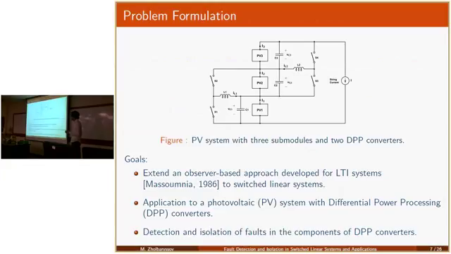In our work, we extend one of those approaches developed for LTI systems to switch linear systems, to which most power electronic systems belong. For practical application, we will apply our approach to a photovoltaic system with differential power processing converters. Our goal is to detect and isolate faults in the components of DPP converters.